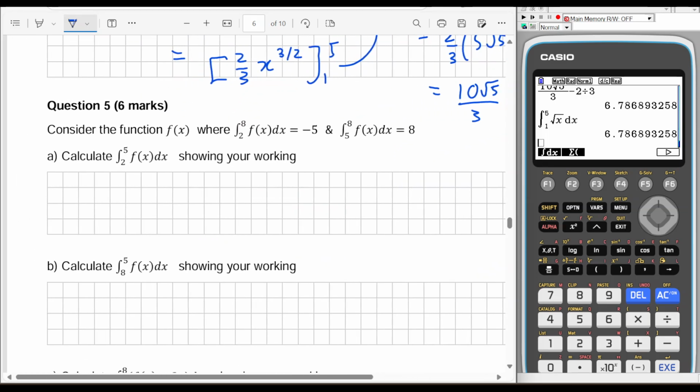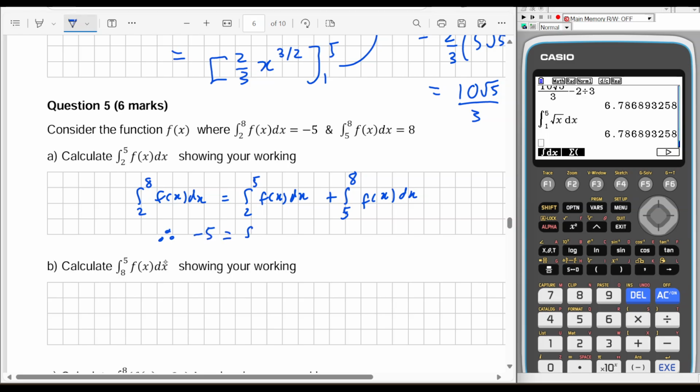All right, next we've got this function. So basically 2 to 8 is minus 5. 5 to 8 is 8. So what's 2 to 5? Well, the integral from 2 to 8 would be like splitting up. So the integral from 2 to 5 plus the integral from 5 to 8 plus a whole bunch of notation. So we need our f of x's. Therefore, we know what two of these three things are.